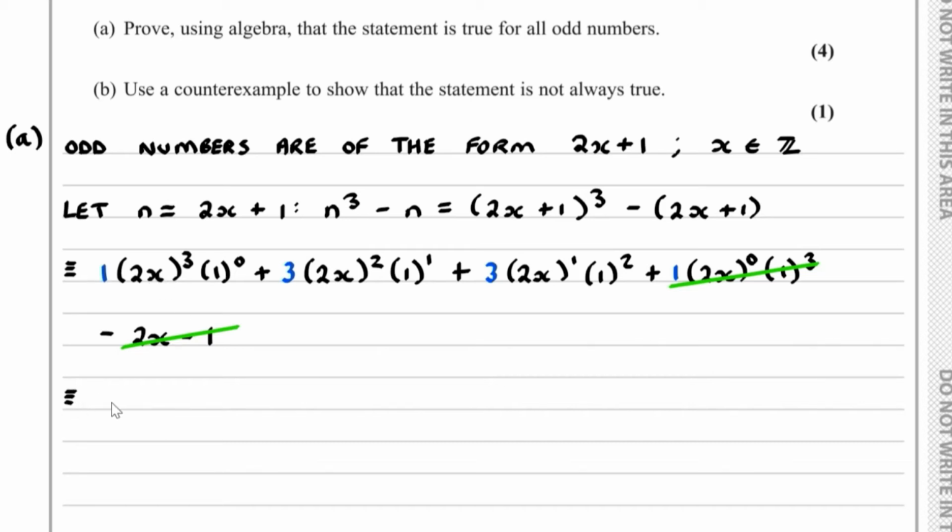So we've got 8x cubed plus 12x squared plus 6x, and then there's only the minus 1 which cancels the 1, so here we've got 2x, and then we subtract off 2x.